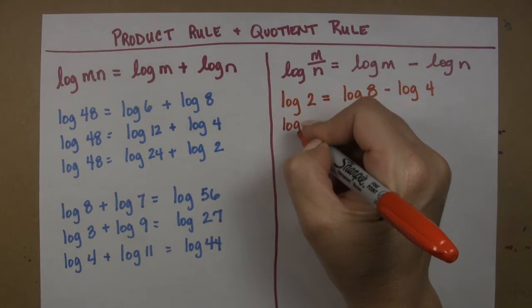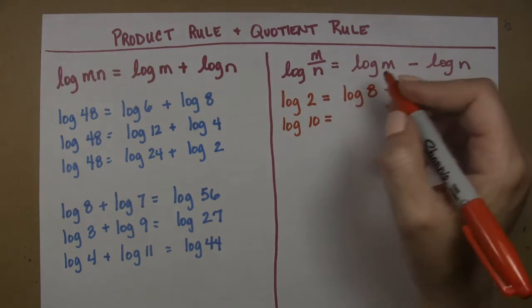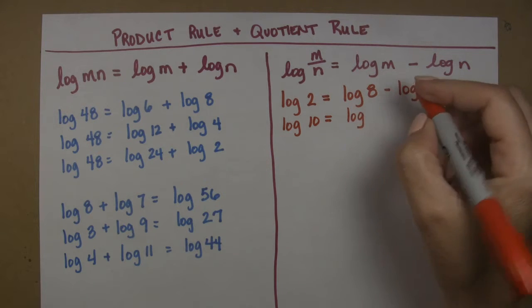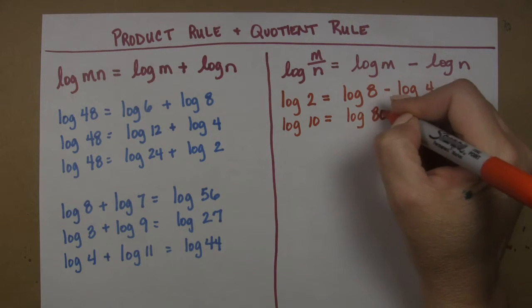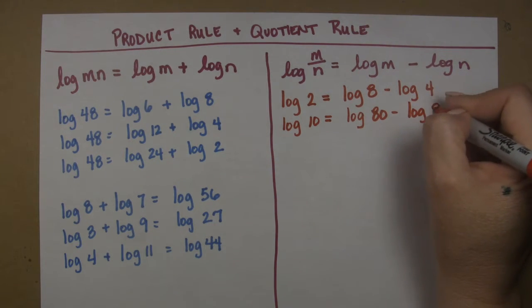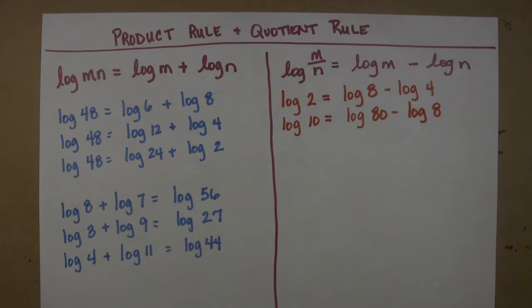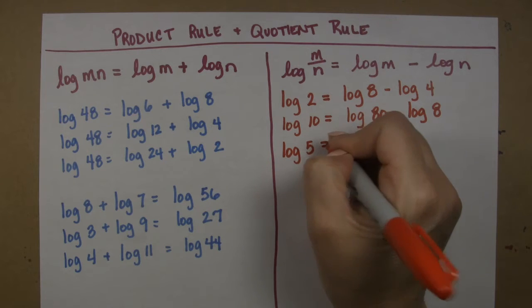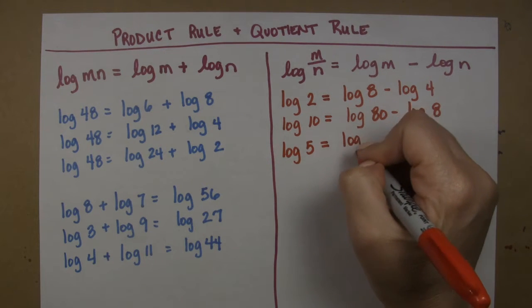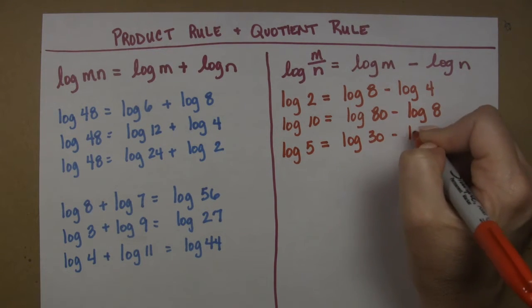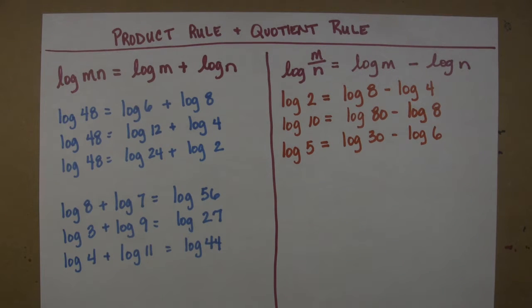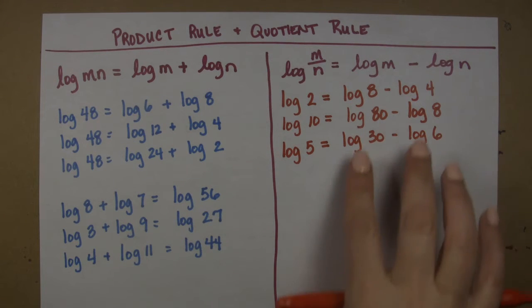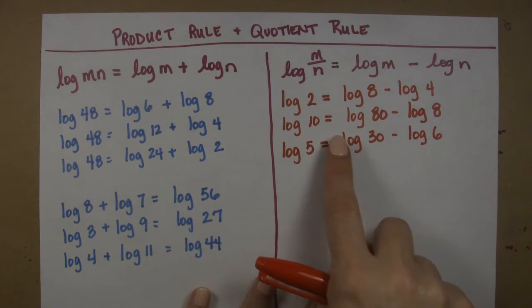So the log of 10, I could write, if I wanted to, as the log of 80 minus the log of 8. And I could also calculate that the log of 5 is the same as the log of 30 minus the log of 6. Do you see how that relationship is true?